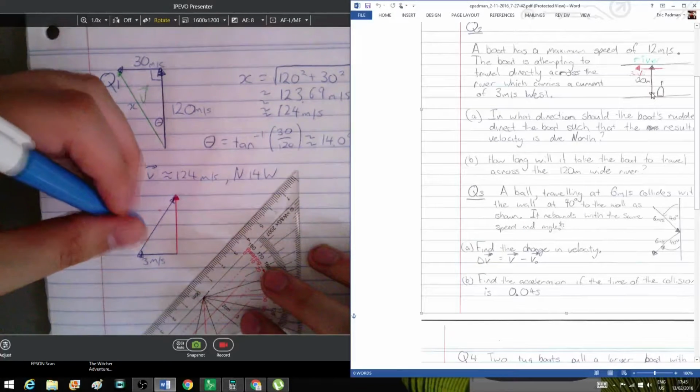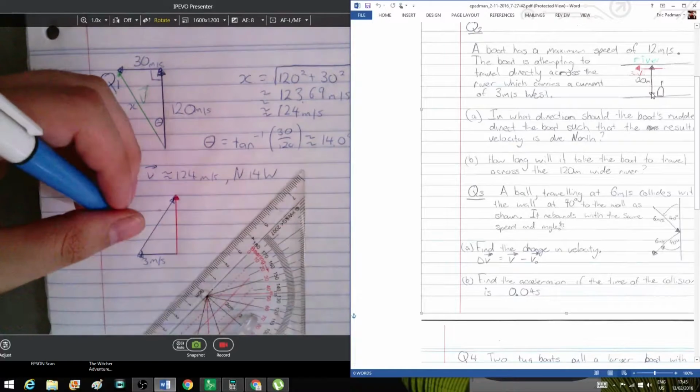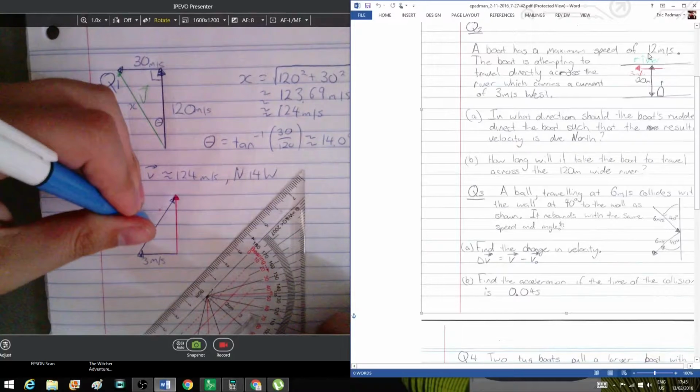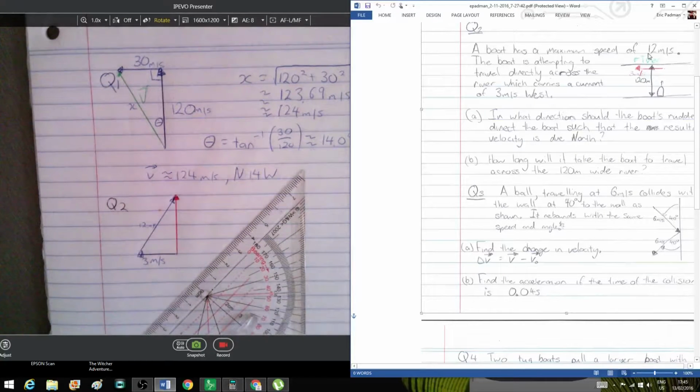Now, I don't know what direction that's in, but I do know that the boat can travel at 12 meters per second. That's that magnitude. It's basically you're pointing the motor or the rudder in such a way that you face in that direction.